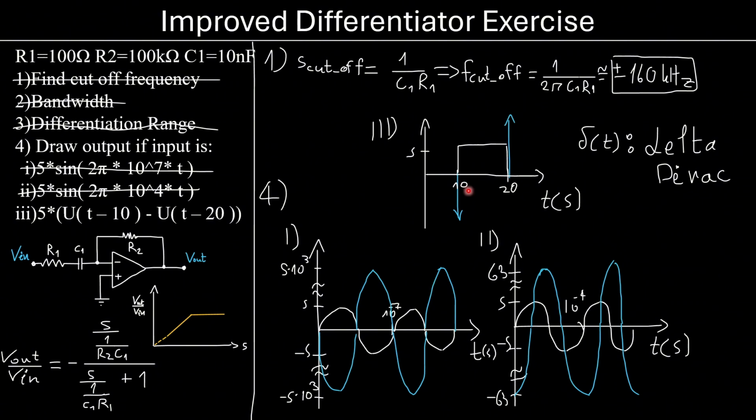Now the output is going to look something like this. If we try to measure the output with an oscilloscope, we're going to measure some kind of signal like this.